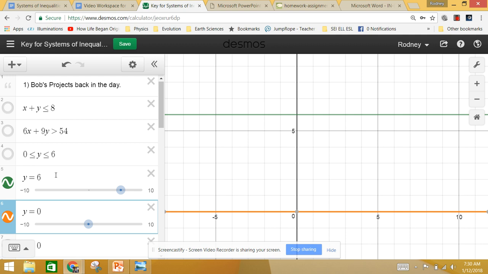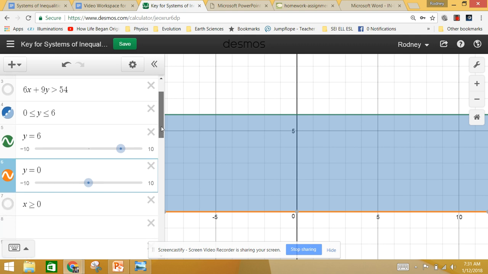And my boundary lines are basically saying y can be anything above 0 and anything below 6. So my overlap shade is between these. So I'm just going to go ahead and plot that right there. And my border lines are solid lines because it's an or equal to inequality.